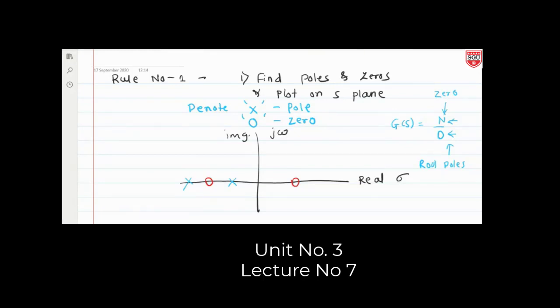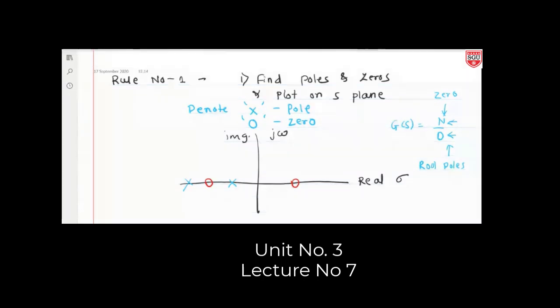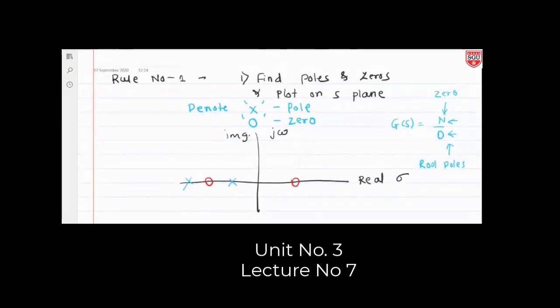Root locus techniques give an idea about the absolute and relative stability of a control system. We have to adjust the gain according to the desired location of closed loop poles. What a pole is and what a zero is, we also know. For that, we have to see some important rules of root locus.